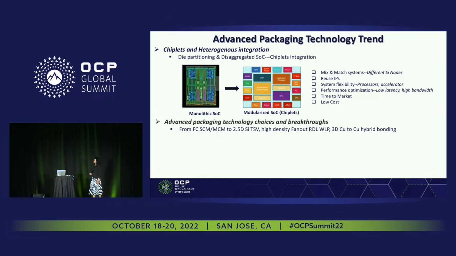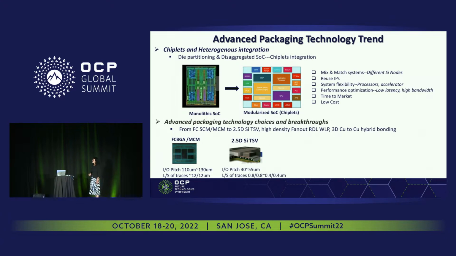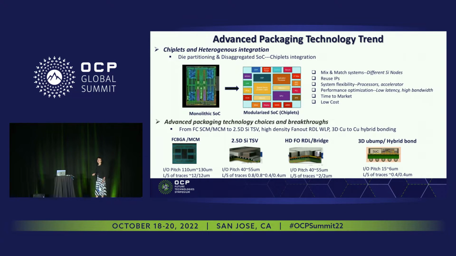We have seen new breakthroughs happening in the market right now. For example, people talk about flip chip BGA, but it goes beyond that to 2.5D silicon TSV integration technology, and also fan-out RDL, and up to 3D micro bump, providing very high density die-to-die interconnect.